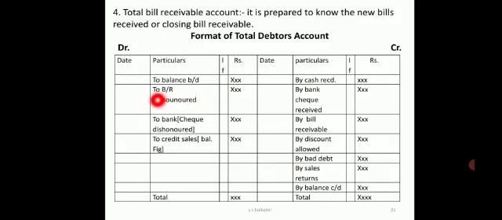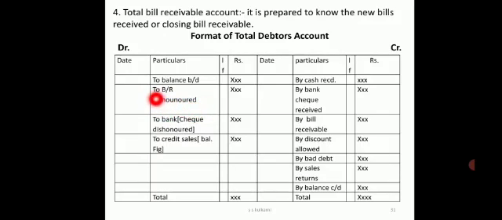Next, you are having bills receivable which is dishonored. Now bills receivable dishonored is taken on the debit side because the debtors were already existing but they have failed to pay the due amount on the date which was said.